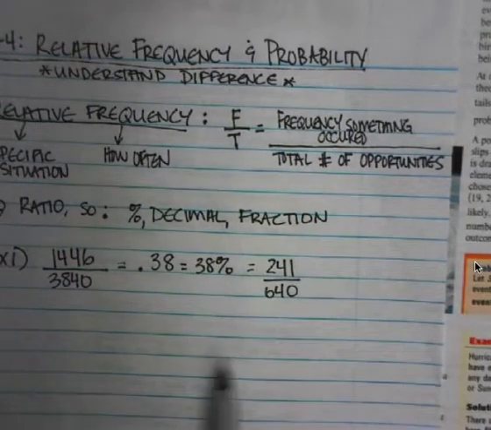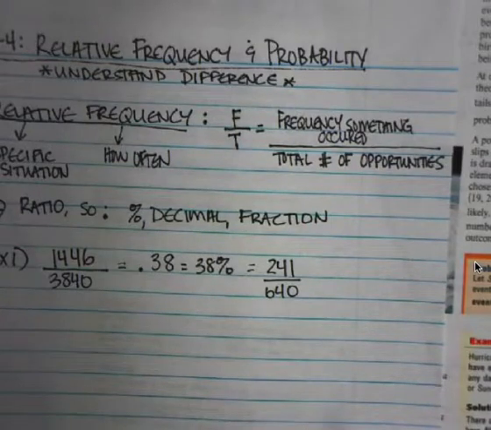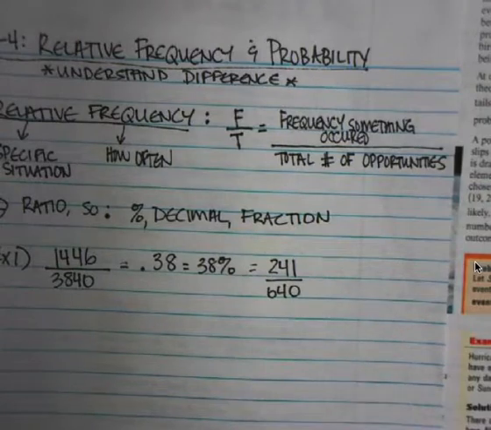If we look at this problem, could 0 of the skunks we had tested had rabies? Sure. Could all 3,840 of them had rabies? Sure. So we can always look at relative frequency.